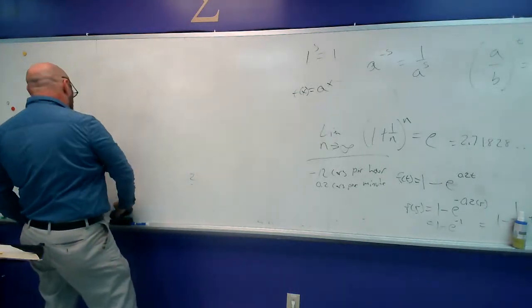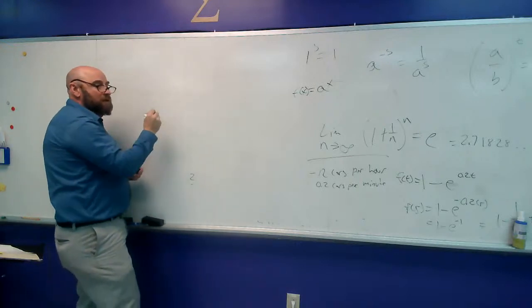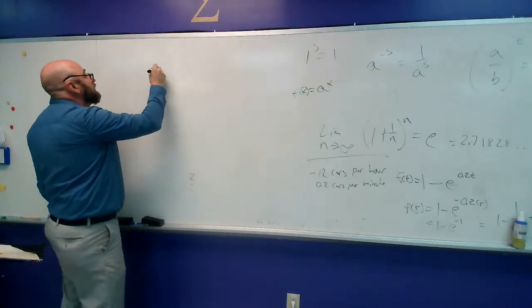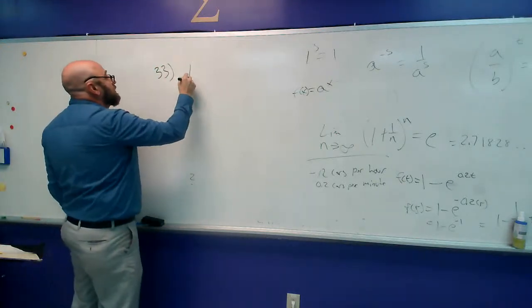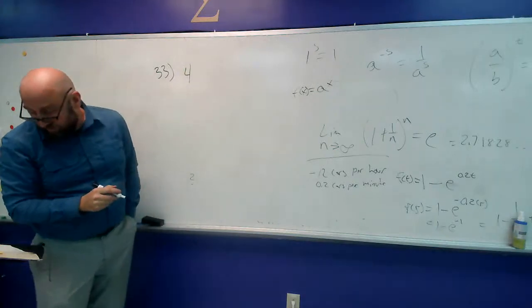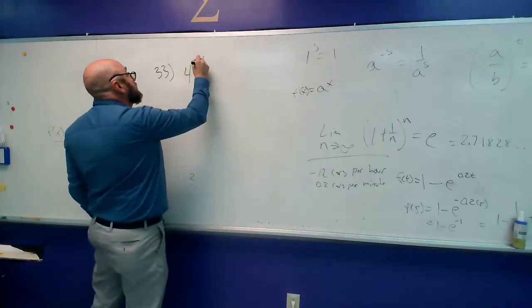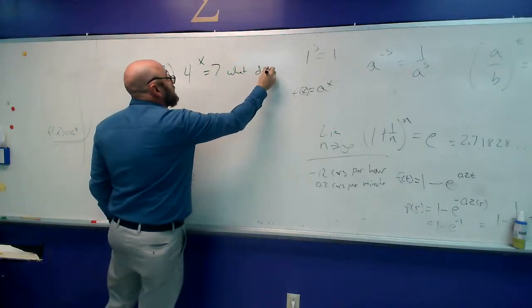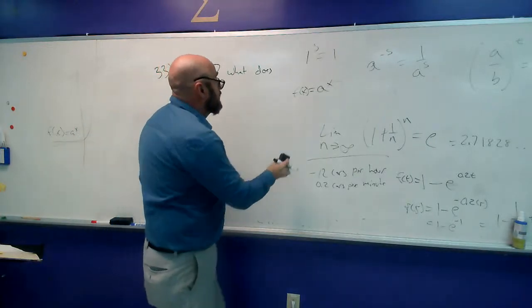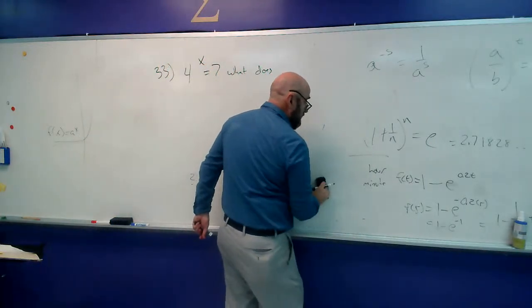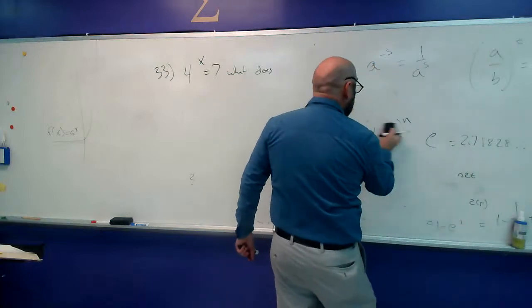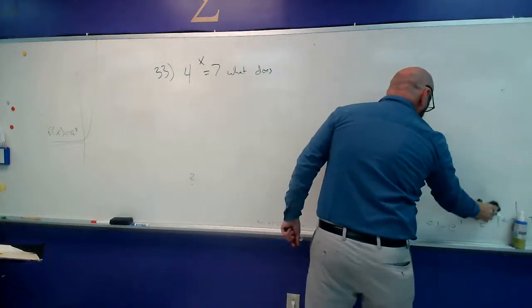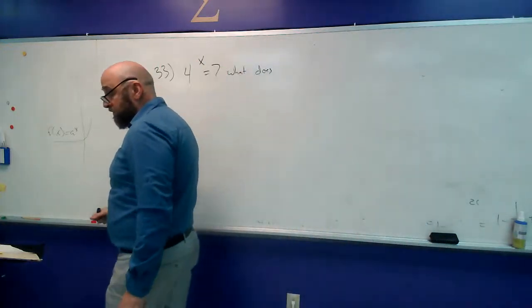On page 320, number 33. So 4 to the x equals 7.